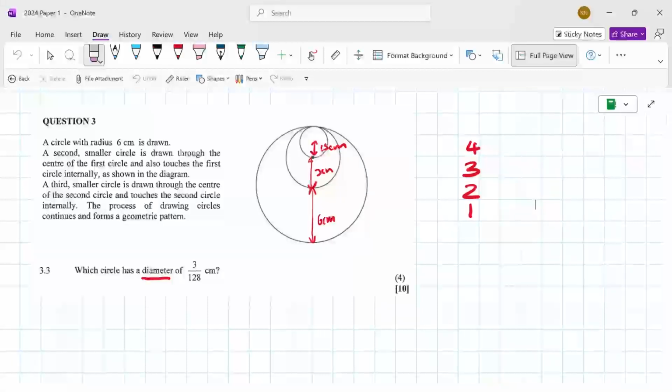But this time it's not asking for a sum, it's asking for the circle. So basically we're asking for n. What n has a diameter of 3 over 128? We have 2.5 minutes left.